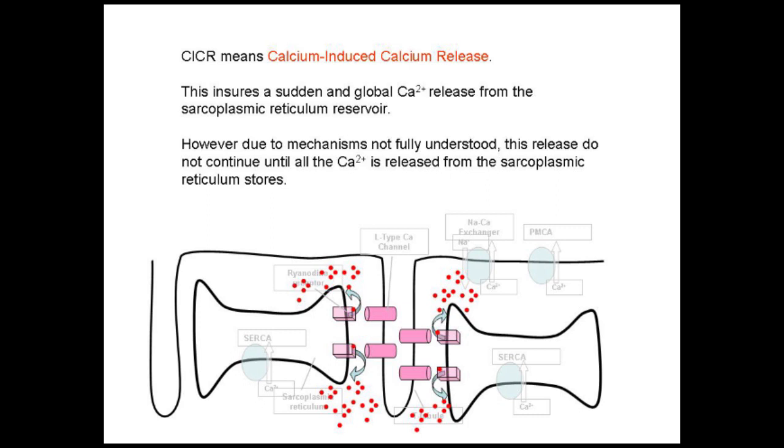I mean, the cytoplasmic and store concentrations should be equal. But this is not the case, and there are some unknown mechanisms which limit the release of calcium from the intracellular storage. The release stops before all the calcium in the storage is released into the cytoplasm.